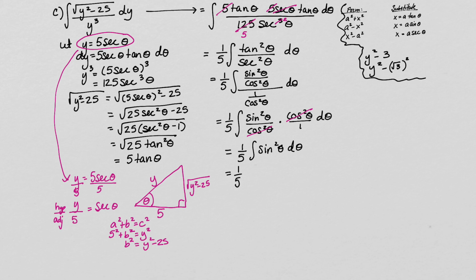So this is going to be 1/5 the integral of 1/2 times 1 minus cosine of 2 theta d theta. So I can pull the 1/2 out in front: 1/10 the integral of 1 minus the cosine of 2 theta d theta.